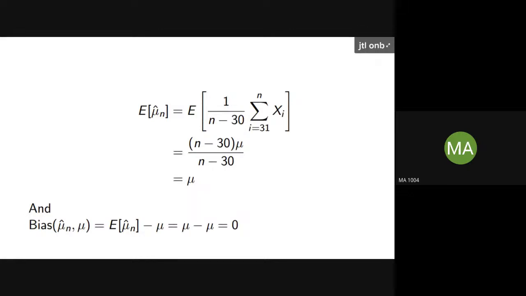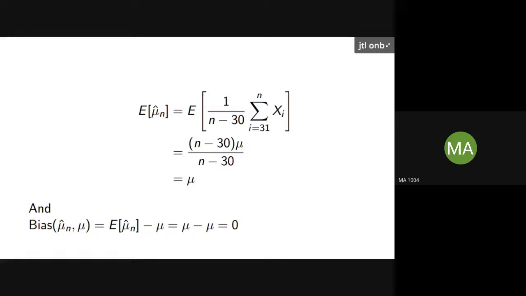So if you subtract 30, you get 31 to n. So there are n minus 30 numbers from 31 to n. The sum will be the expectation of all these n minus 30 mu's, so n minus 30 times mu divided by n minus 30. These cancel, and we get the expectation of mu n hat as mu.